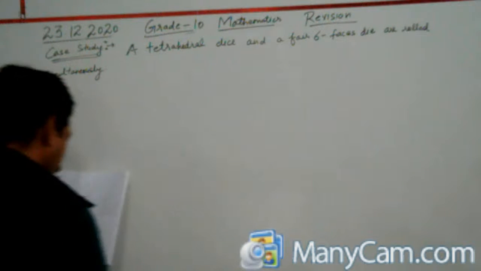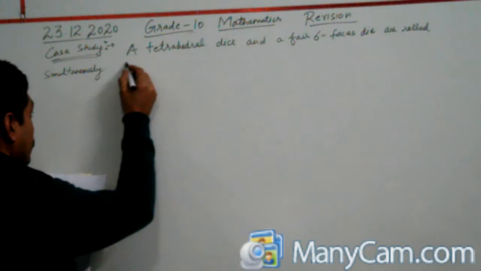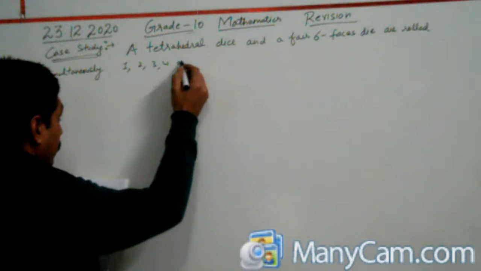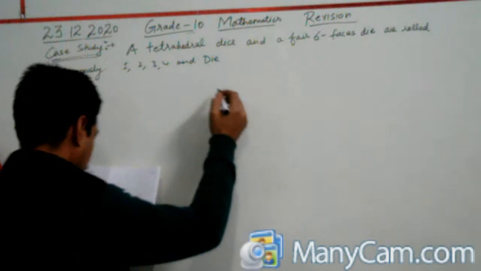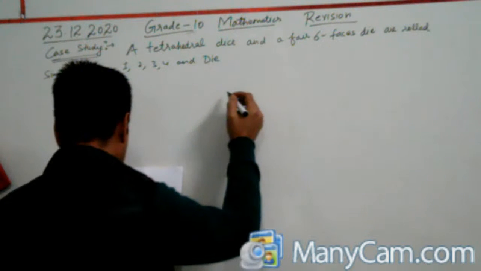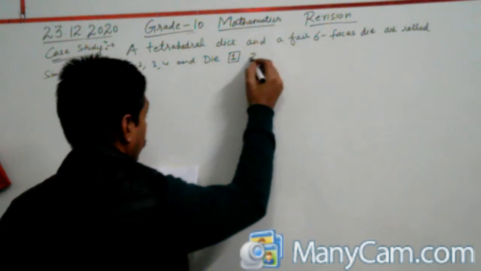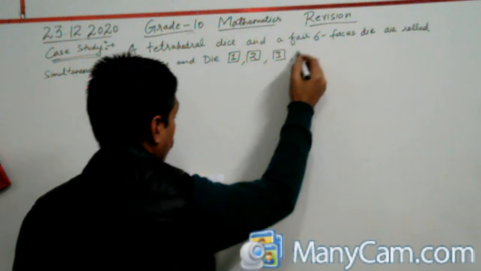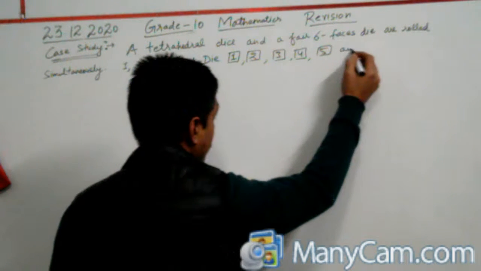The numbers on the tetrahedral dice are 1, 2, 3, 4, and on the 6-face die they are 1, 2, 3, 4, 5 and 6.